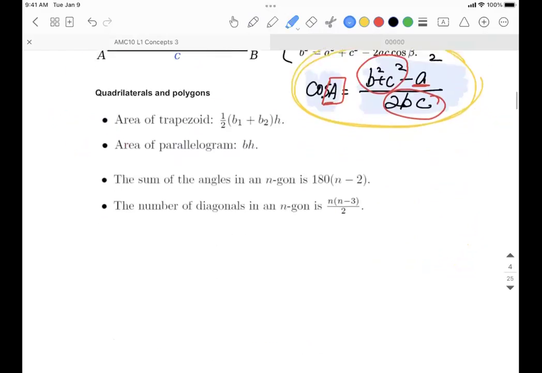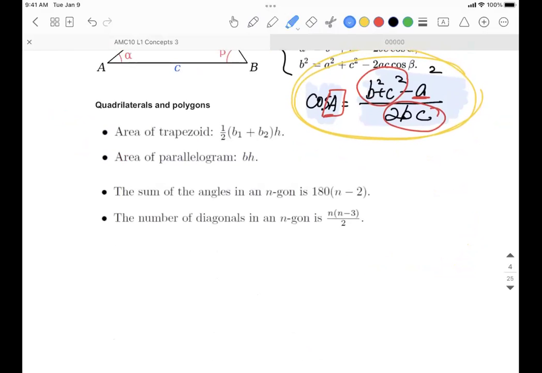Okay? And moving forward, there are some very easy peasy things you need to remember about quadrilaterals and polygons. The area of a trapezoid is top plus bottom times height divided by 2. The area of a parallelogram is the base times the height.